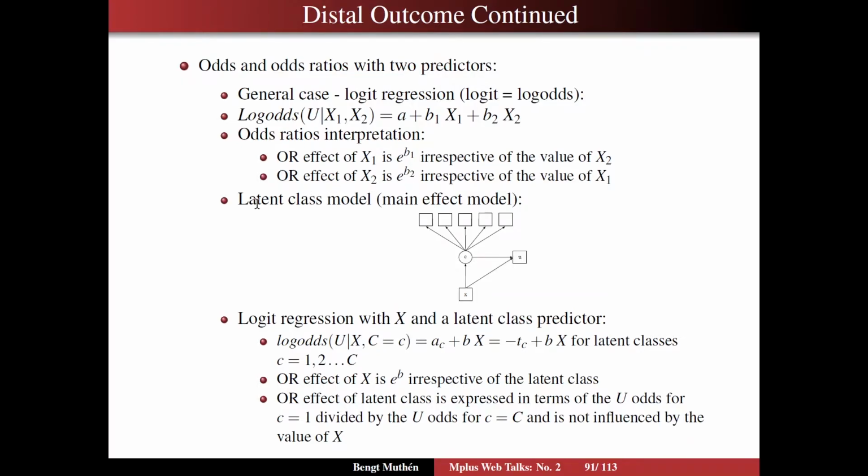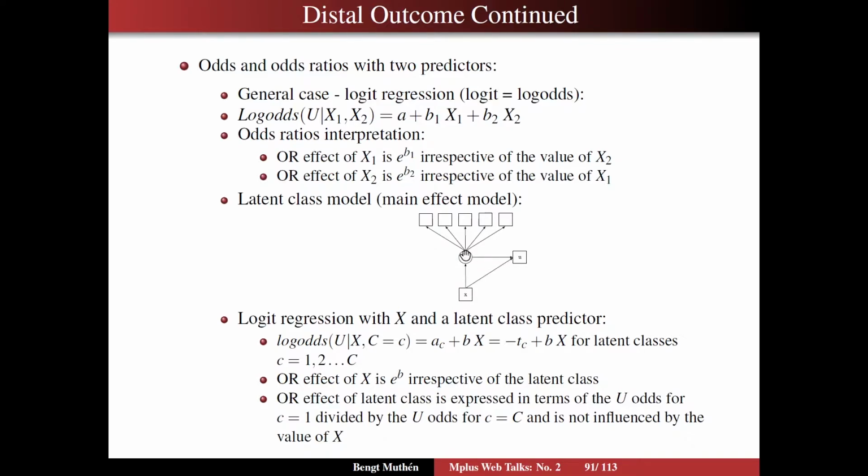Now the latent class model is one where you have a single latent class variable c, and you have the distal outcome u here, and you have a predictor x. So x influences c and u, and the influence of x on u is the same for all classes c.